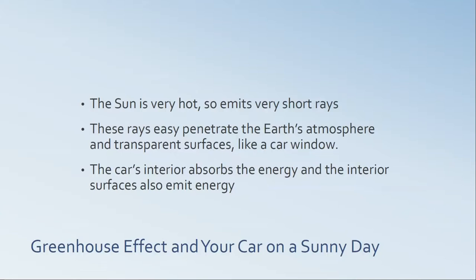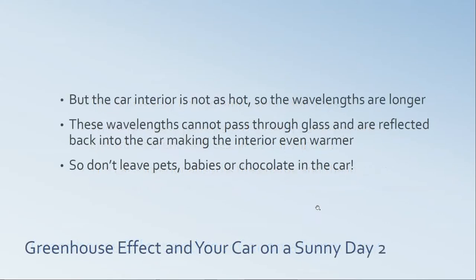But do you think these interior surfaces are emitting energy at a wavelength that can go back out through the car window? No, the car's interior is not nearly as hot or vibrating at a high frequency like the sun, so the wavelengths are much longer, and these wavelengths can't pass through the glass of the car windows. So they're reflected back into the car and make that interior even warmer.